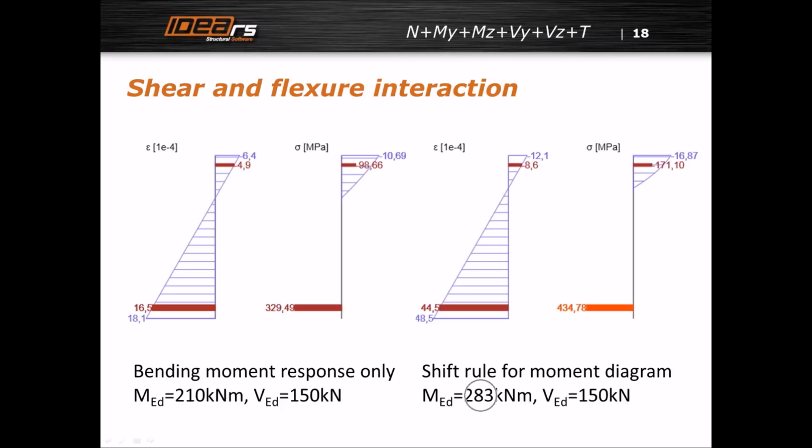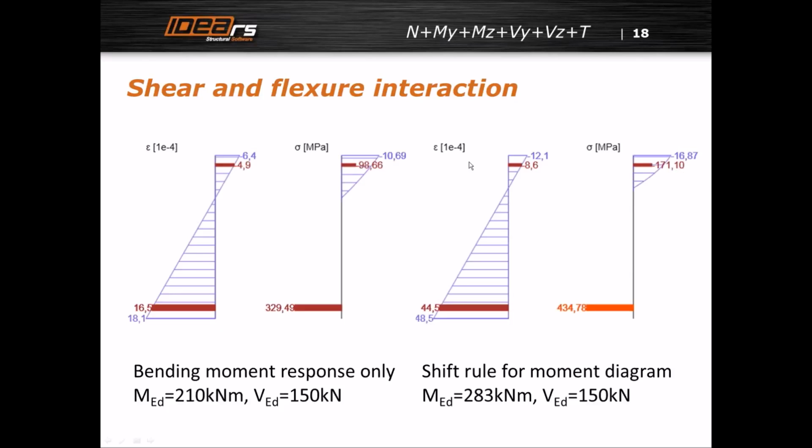This is 210, we have 283, and we applied the higher bending moment exactly according to the shift rule. We really got the increase in tensile reinforcement, which was expected to the plastic branch, but in compression, due to the higher bending moment, we even applied higher compression.